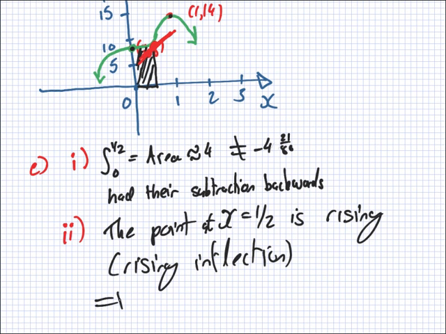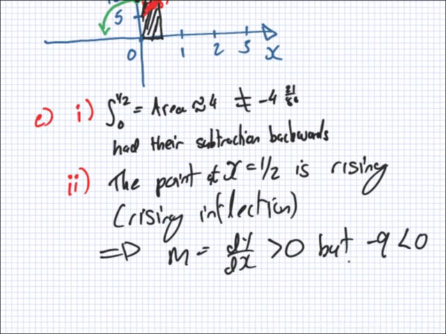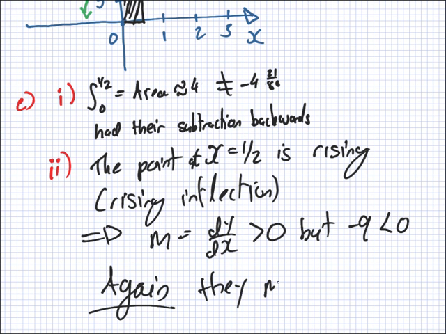So that means the m, which is dy/dx, should be positive, but of course minus 9 is less than 0. So I think the actual answer is 9. I calculated with the other group. So again, they made a sign error.